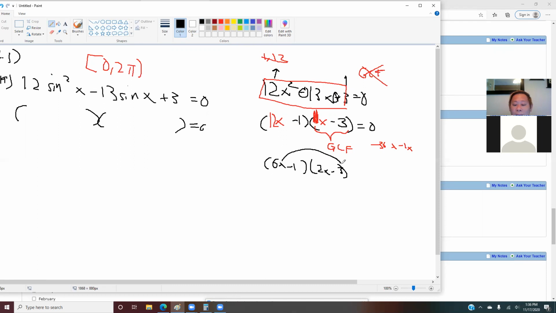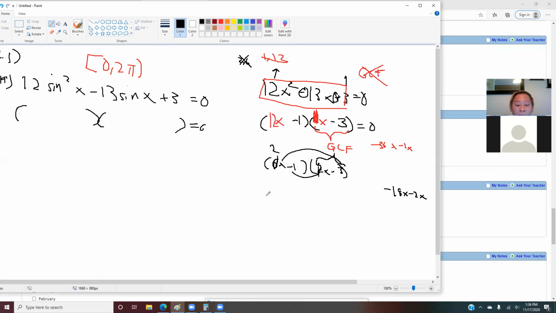So 6x times negative 3 is negative 18x, and negative 2x. Again, that does not give us negative 13. And we cannot switch this to 2 and 6, because 6 and 3 has a GCF. So 1, 12 doesn't work, 6, 2 doesn't work. That's another pair.